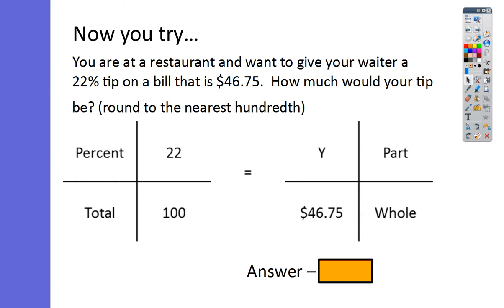All right, we're going to jump back to the other flip chart. And at this point, this is where I would have them work with a partner. So these word problems are here. They're set up for them. All they have to do is practice their proportion skills and cross multiply and divide.